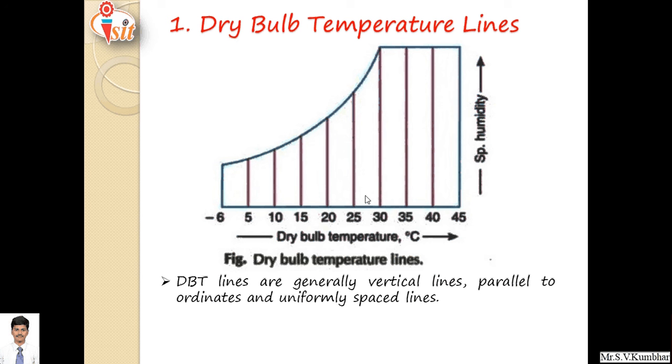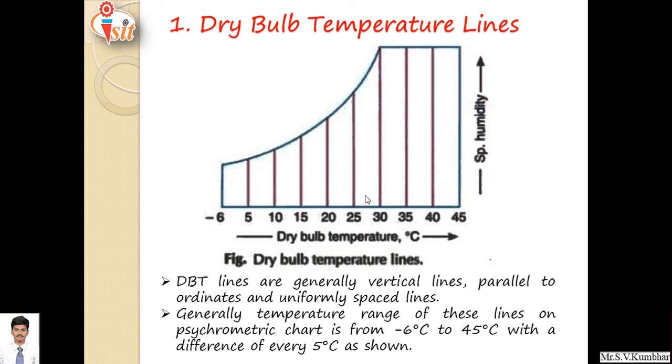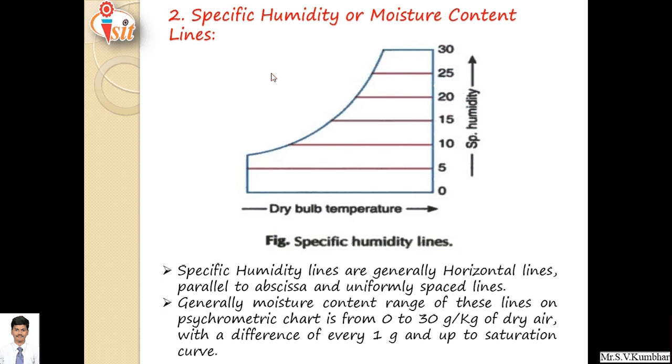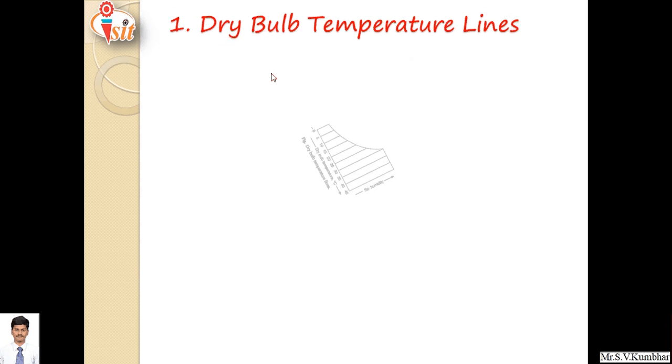The temperature range of these lines on the chart is from -5 degrees centigrade to 45 degrees centigrade, with a difference of 5 degrees centigrade: -5 to 5, 5 to 10, 10 to 15, 15 to 20, and so on up to 45. So these equispaced vertical lines represent dry bulb temperature. On the other hand, the horizontal equispaced lines are the specific humidity lines.